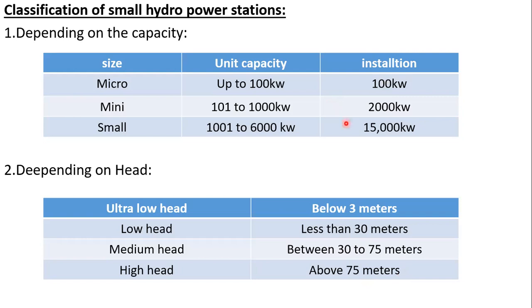And for France, 3,000 kilowatts is considered as a small hydropower plant, so these ranges may be decreased.